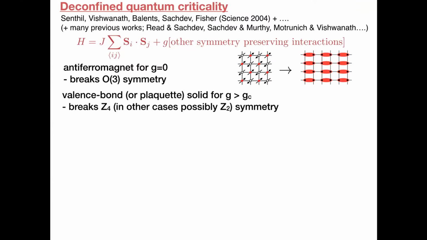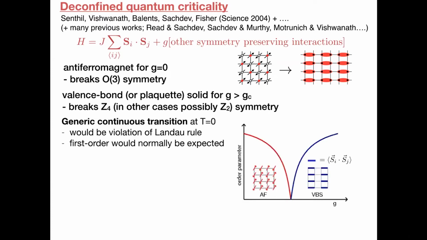So you have some modulation of a singlet density, if you will. That state breaks Z4 symmetry. You have four equivalent states, and the way they can fluctuate among each other, at least on small lattices, corresponds to Z4.